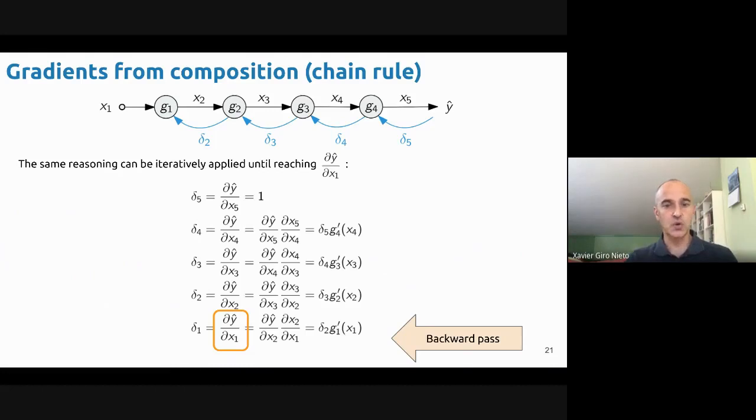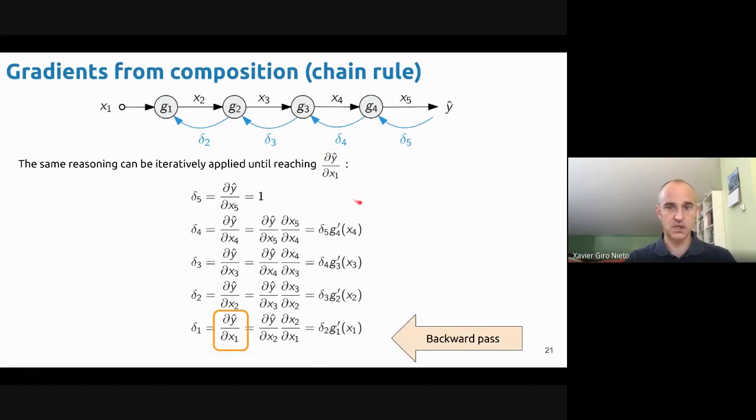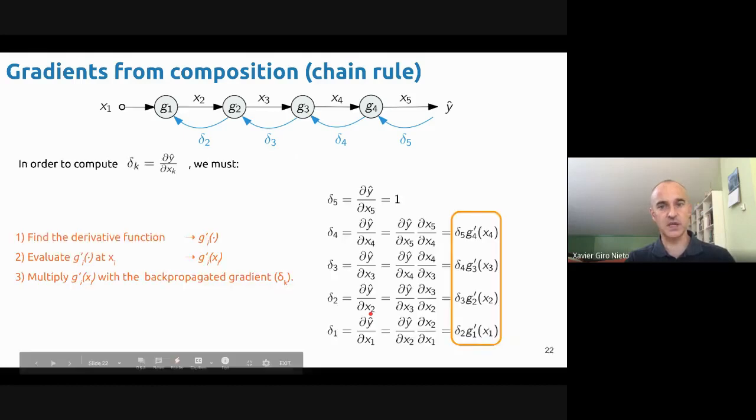At the end, we'll be able to compute the partial derivative of y hat with respect to x1, which, remember, was our first goal. Just notice that this is always the same. The challenge will always be knowing what the partial derivative is and evaluating it at the point of operation. Let's put that into practice now.